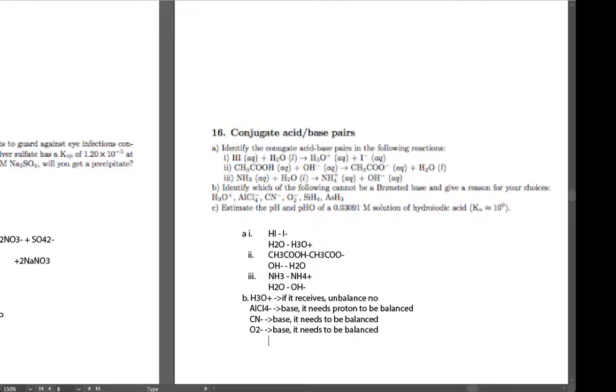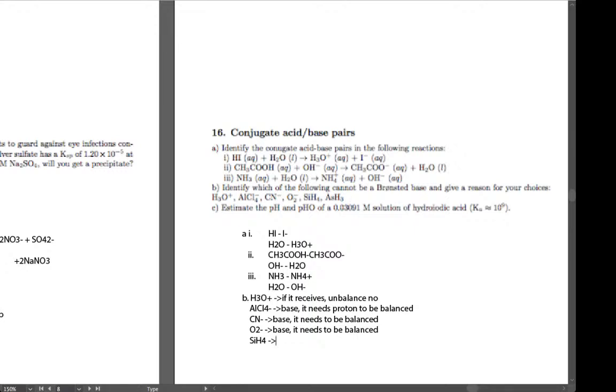And then after that, SiH4, silicon. What happens if it gives? No, sorry, does it give or does it receive?